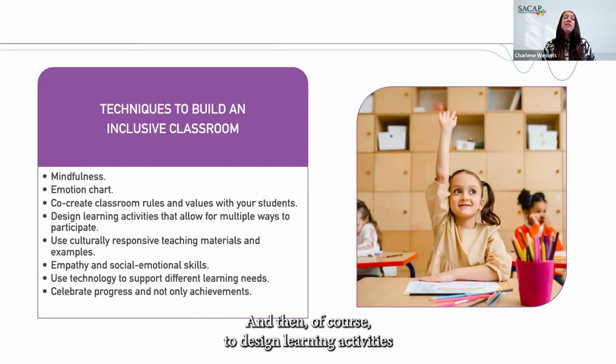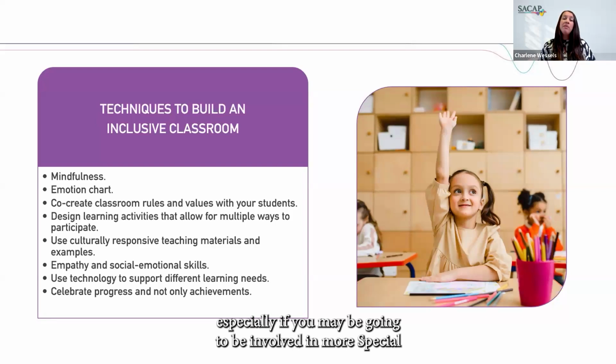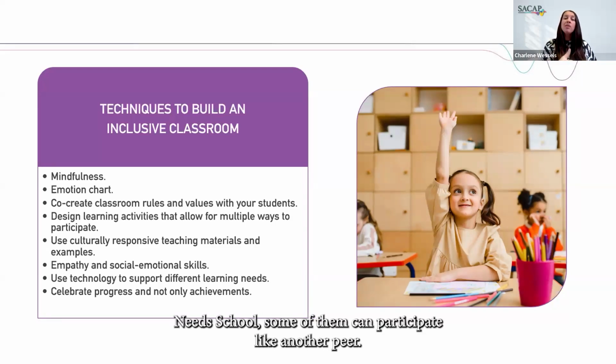And then, of course, to design learning activities that allow for multiple ways to participate. It's very important that we give all of the students different ideas and ways of participation. Some of them, especially if you may be going to be involved in more special needs schools, can't participate like another peer.